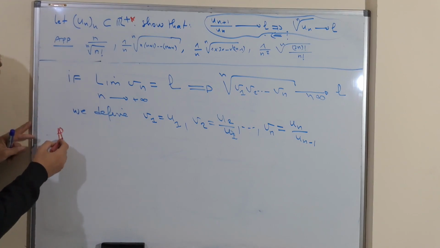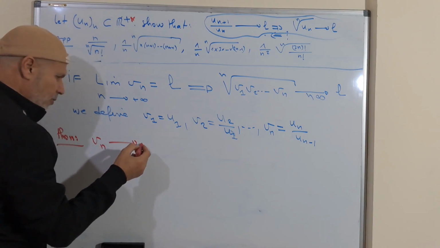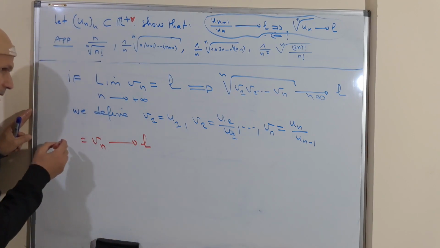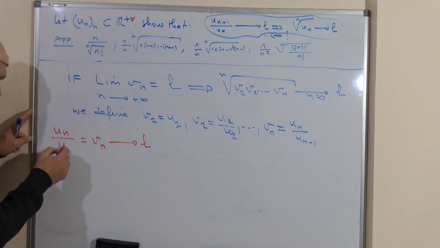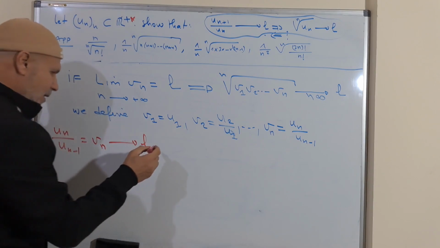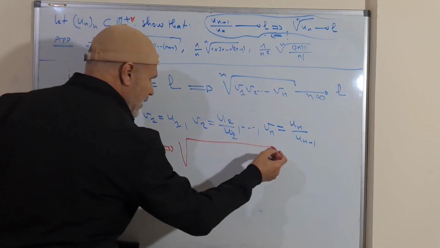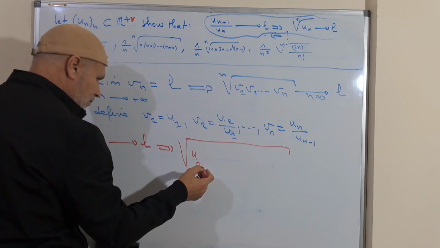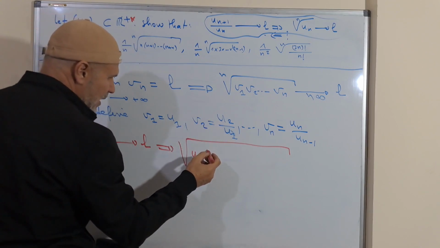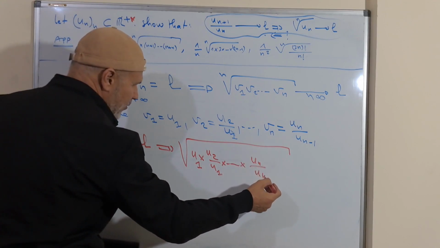Then if Vn converges to L, where Vn is actually Un divided by Un minus 1, this implies, using this theorem, that the nth root of U1 times V2, which is U2 divided by U1, and so on, Un divided by Un minus 1.